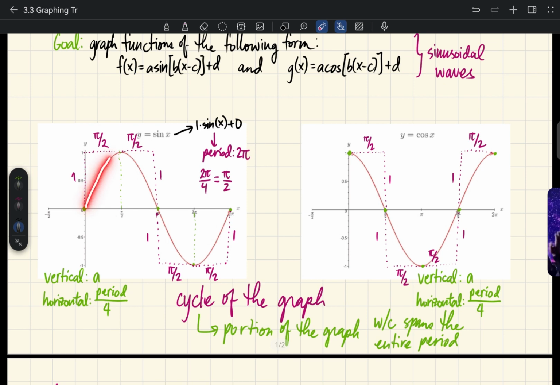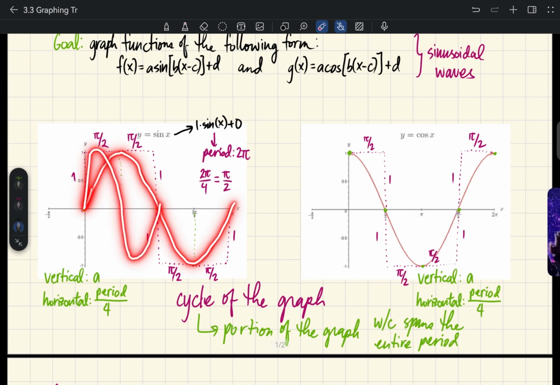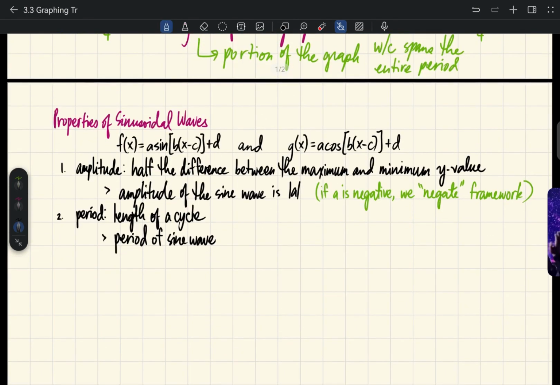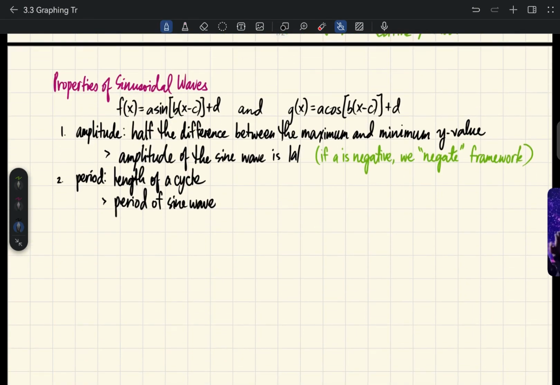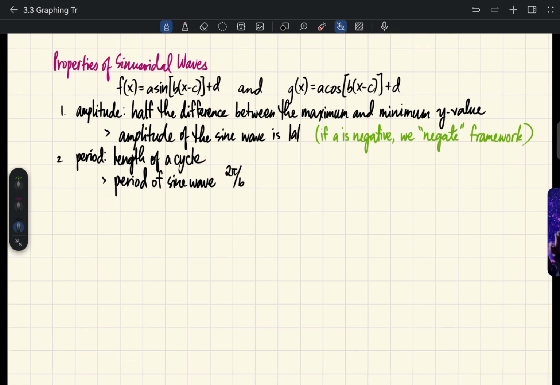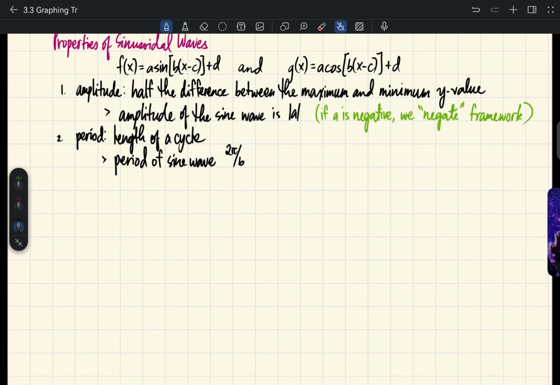So instead of having a graph like this, it contracts and becomes like this if your b is greater than 1. So if your period originally for the sine function is 2 pi, your period now is 2 pi over b if you have a different value for b. So you have here a period of 2 pi over b.